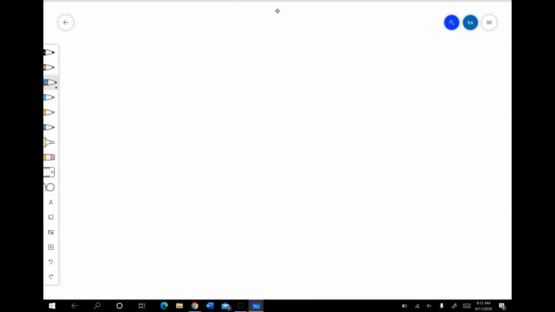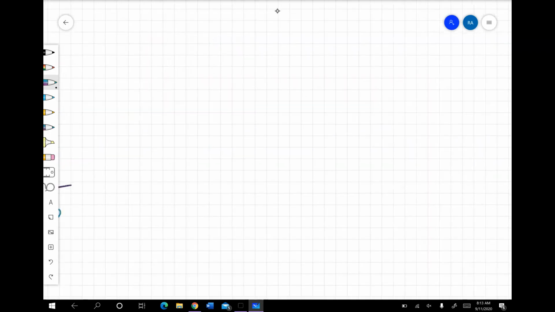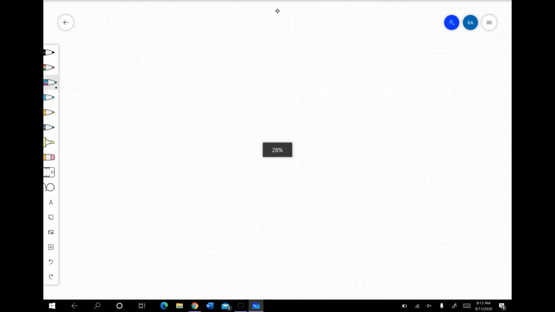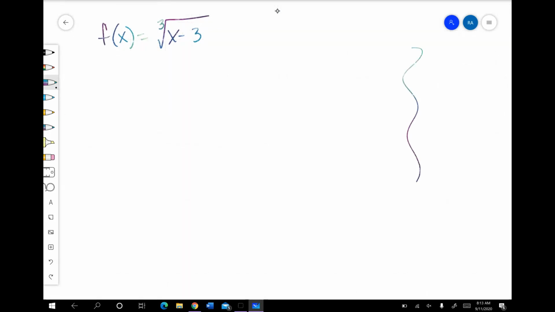So we've got f of x is equal to the third root of x minus 3. Okay? So, again, I don't know if I can find it. Now that I want to find my stuff, I won't be able to find it. Okay, I think it's disappeared. So it's all good. We'll just talk about it.